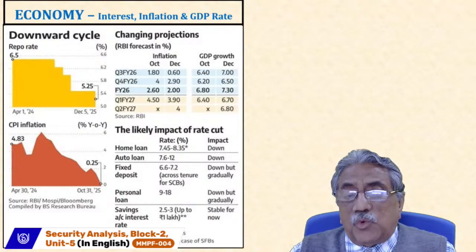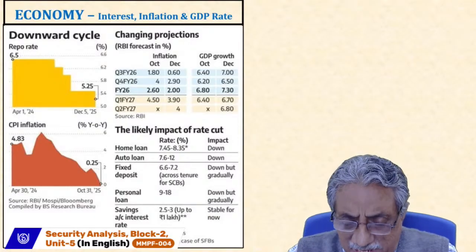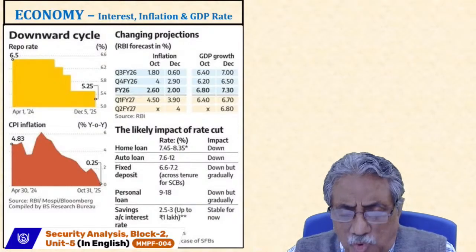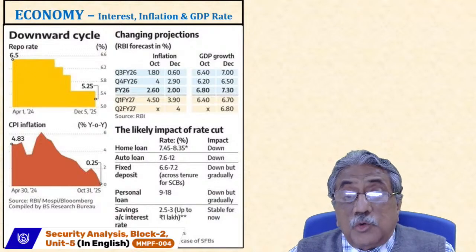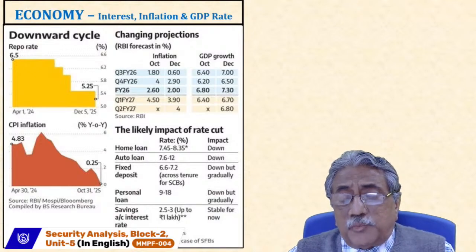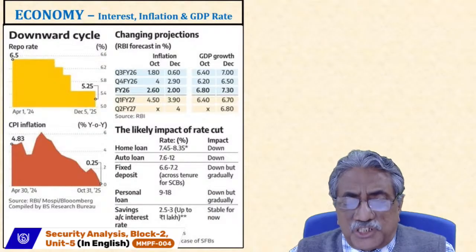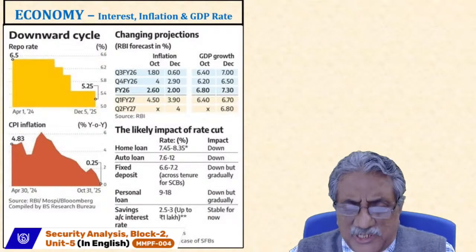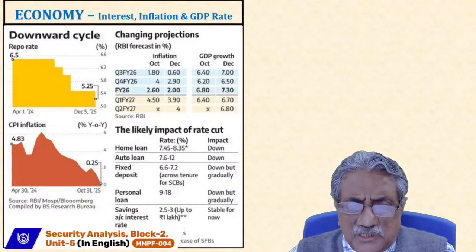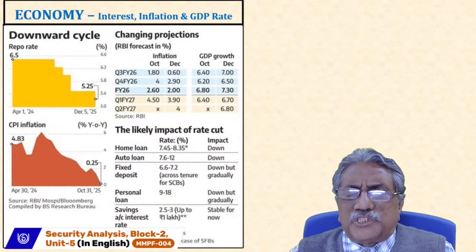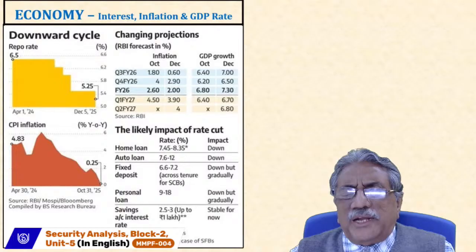I'll just try to tell you one thing. Government of India has formed a monetary policy committee which is supposed to maintain the inflation at 4% plus minus 2%. That means 6% and 2% is the corridor they should maintain within.